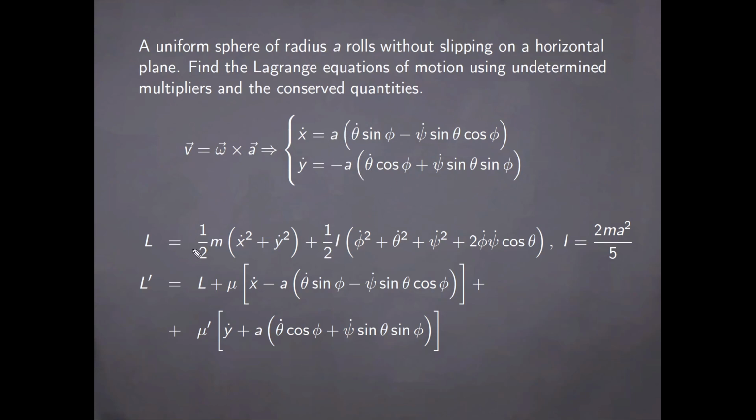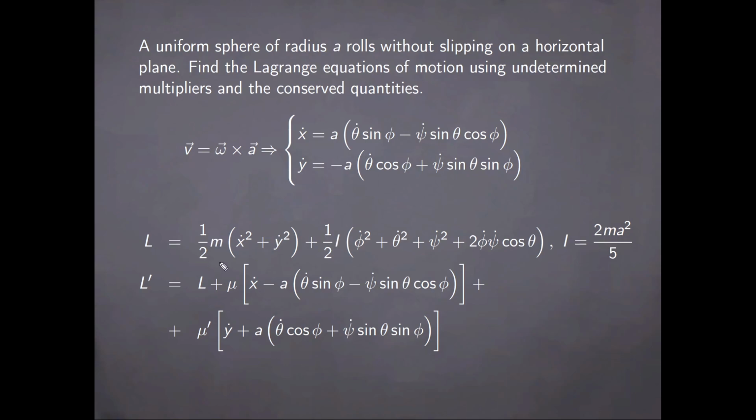And the complete Lagrangian has a fairly simple form, just the kinetic energy of the center of mass and the rotational kinetic energy of the sphere. And given the sphere's symmetry, this is quite simple in terms of a common moment of inertia, which you can calculate straight away to have this value.